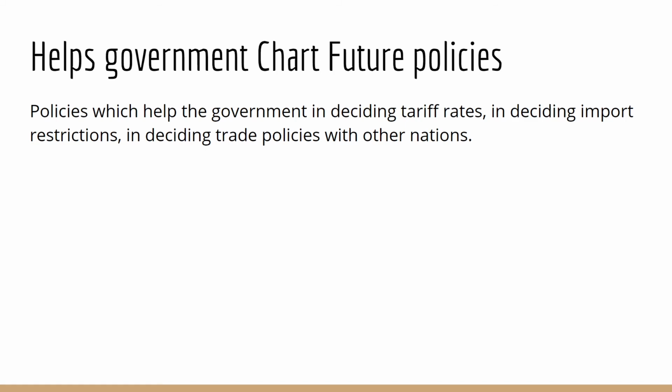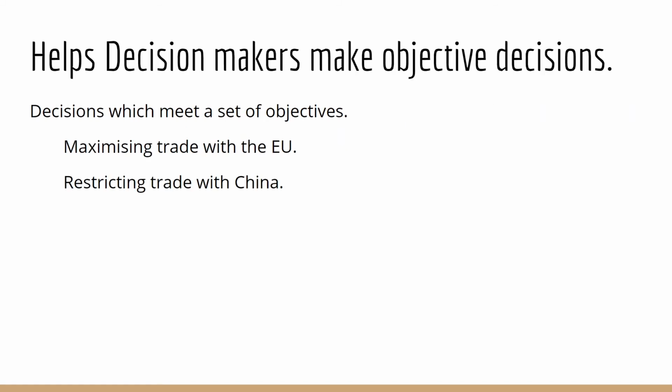Finally, the last point that ma'am said was that it helps decision makers make objective decisions. So what do objective decisions mean? Objective decisions means a country making a list of objectives which it needs to achieve. Perhaps it might be part of some trade deal, part of some organization, a summit where you commit to do certain acts.